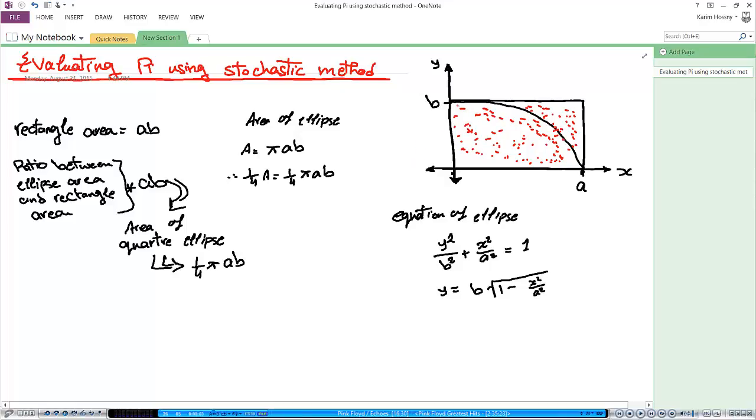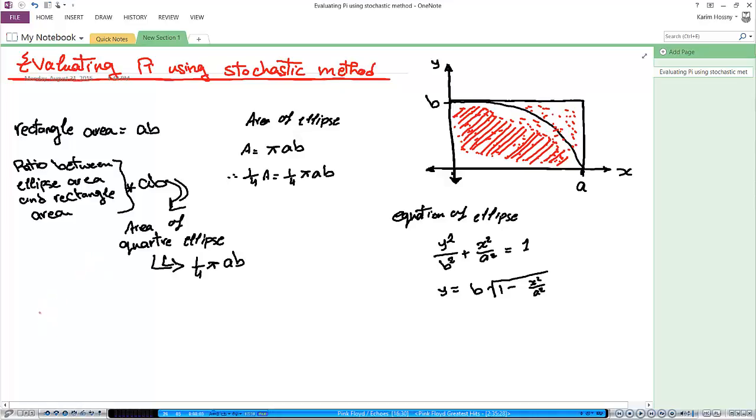Then the number of darts falling in this area, which is a quarter of an ellipse, over the number of darts falling in the whole rectangle equals the ratio between the area of this quarter ellipse and the rectangle.